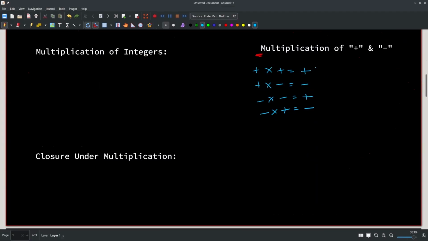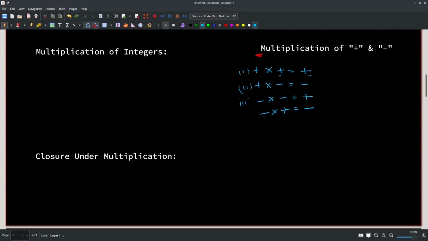Let's check. This means that any positive number when multiplied with another positive number is going to result in another positive number. That is the first rule. The second rule: a positive integer multiplied with a negative integer is going to result in another negative integer.